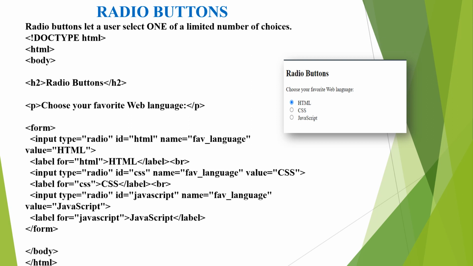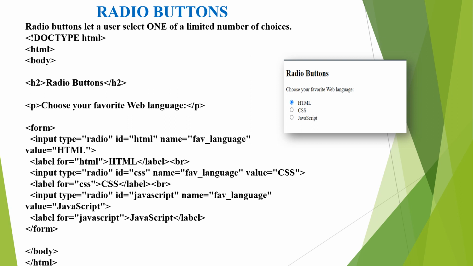As we can see in the output, here we have three choices, and out of the three we need to select one. So we need to write three input types. For each specific input type, the label and the specified value need to be mentioned. After specifying, we can choose any one of the three options.